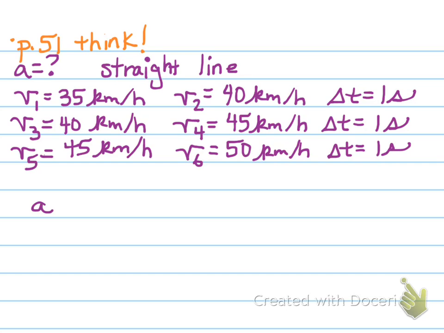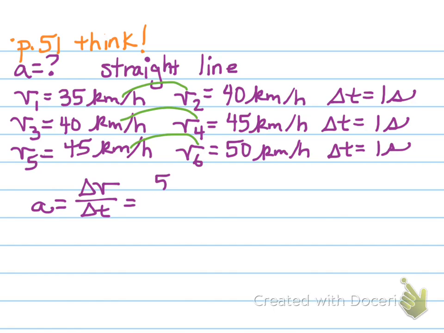So to figure out our acceleration, our equation is our change in velocity over our change in time. Notice that each time, okay, our velocity has changed here. Each time it's changing by 5 kilometers per hour.